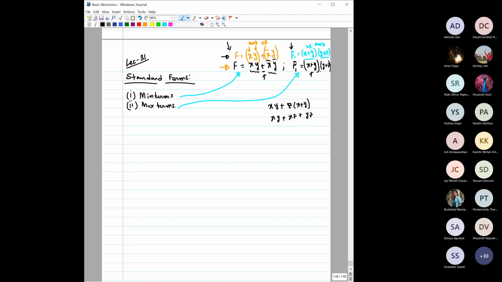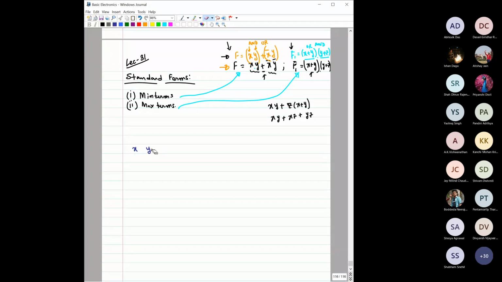We will see why we use these representations and why it is sometimes important to know them, because that will also help us in circuit implementation. So to discuss that, let us start from here. Say we have two literals x and y.